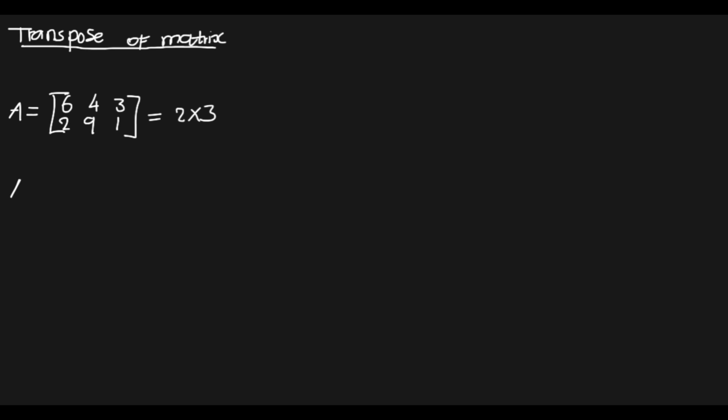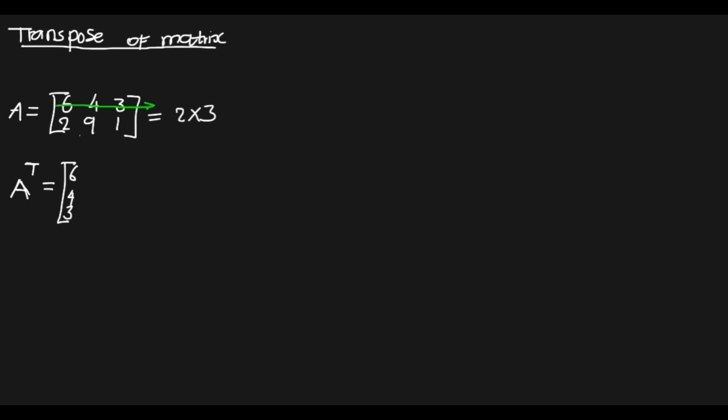The transpose of matrix A is denoted by A with a T as a power. Our first row becomes our first column, so we have 6, 4, 3.